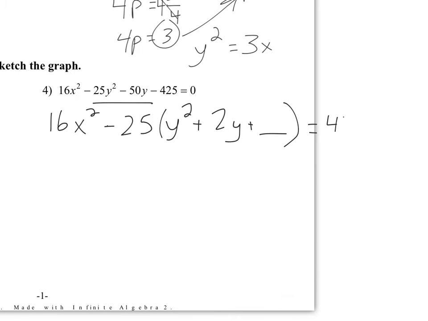And if you move the 425 over to the other side, now there's a 1 that completes the square, but -25 and a +1 make -25.